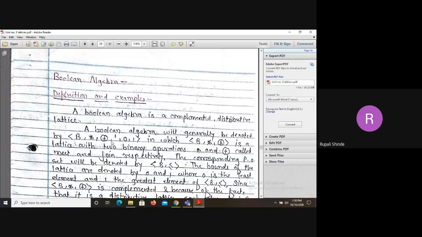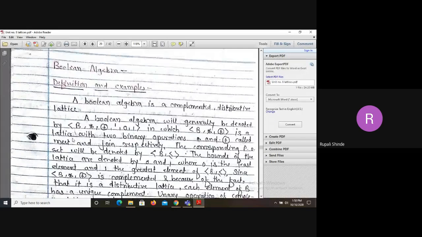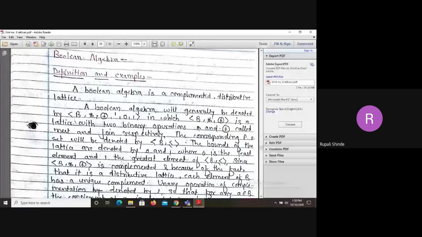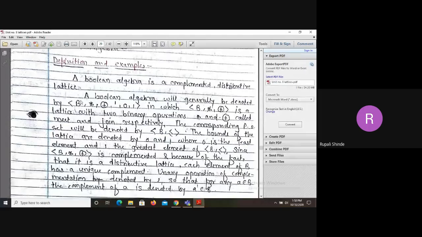These are the three operations. Those are defined on B, and 0 and 1. This is least and greatest element for this Boolean algebra. That's why this is represented as B star XOR complement 0, 1. So the same explanation they have given here in this paragraph.